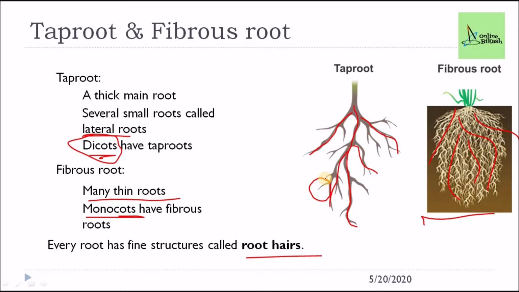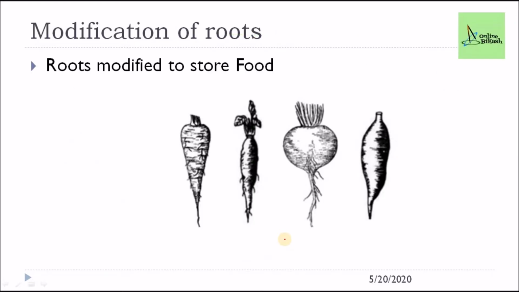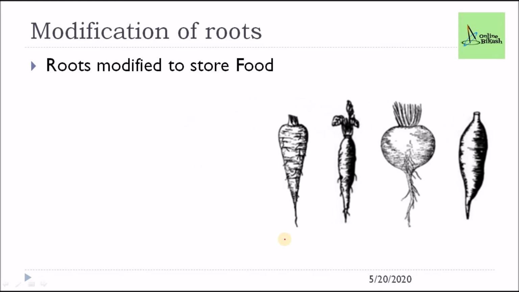But our hairs are so much longer; in the root you can see tiny, very fine structures. Fine means very small. So these types of hairs are seen in the roots and they are known as root hairs. These root hairs actually help the root to absorb water and minerals from the soil. Is it clear?